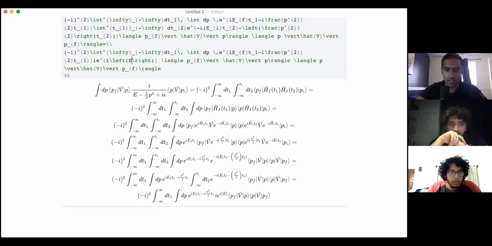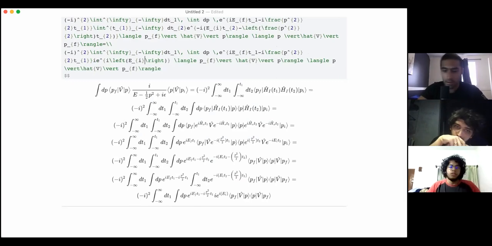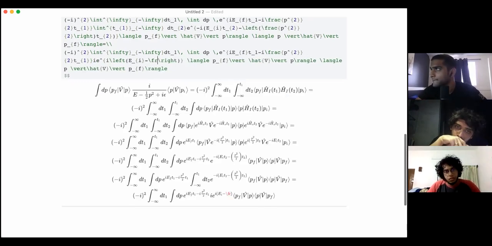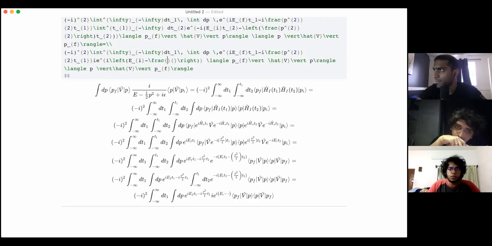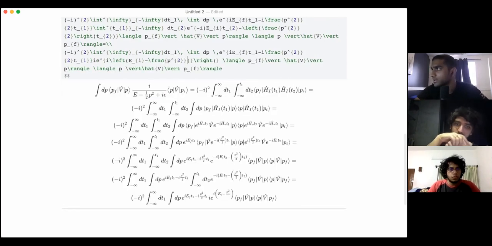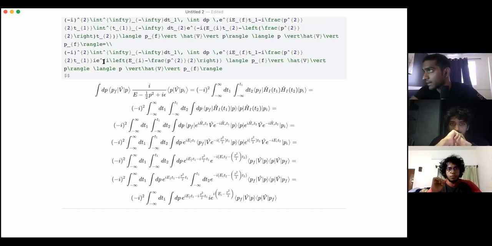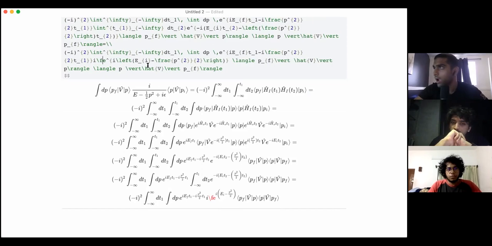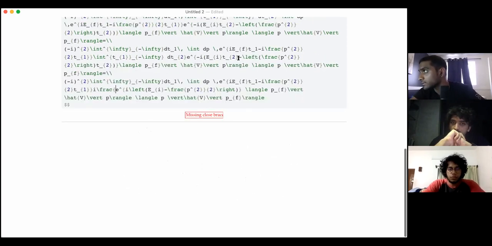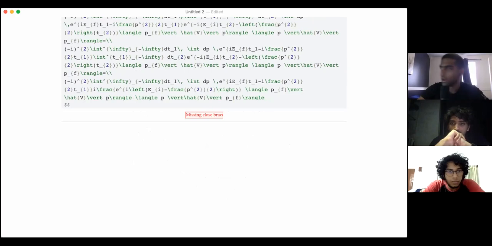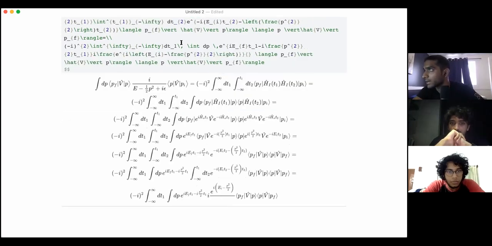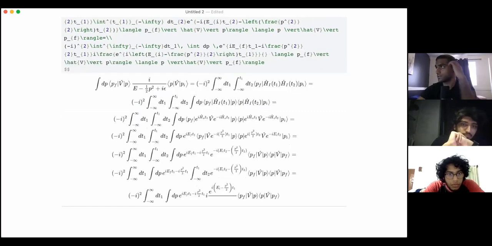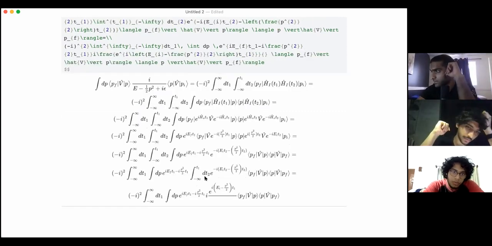So it's e^(i minus p squared over 2) P2 divided by, isn't there a T2 there? Oh yeah, there is a T2. You're absolutely right. But I was more anxious about getting this bracket down. Sorry, there's a T1, because we did the T2 integral and the integrals from minus infinity to T1. But very good.